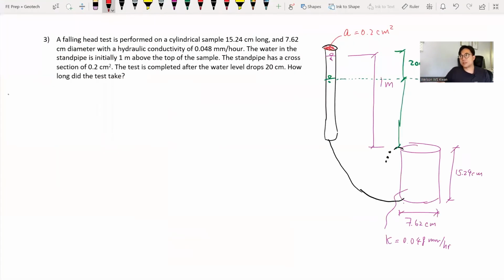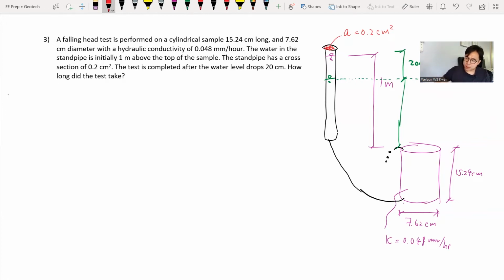And for the derivations of this formula for both the constant head and falling head test, you can refer to my other videos, which the link is provided in the description below. I walk you through how to come up with those two formulas, and also have other YouTube links that go to the lab setting, walking you through how the laboratory is set up for the falling head and constant head tests.